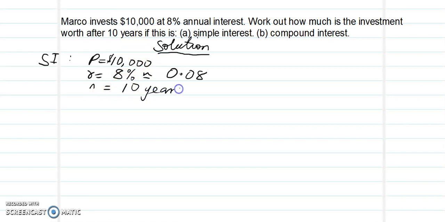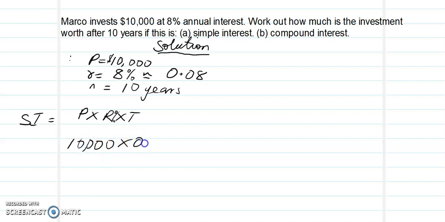Okay, so for us to find the simple interest, we have that the simple interest gives us P times R times T. R is in percentage, which gives us 0.08. So this is 10,000 multiplied by 0.08 multiplied by the time, 10 years.